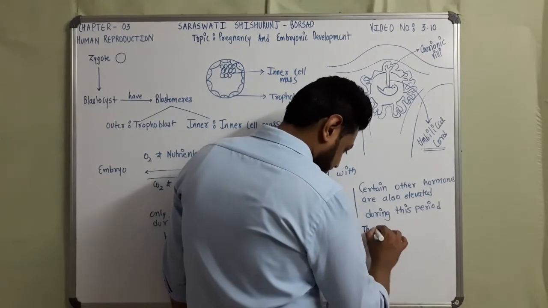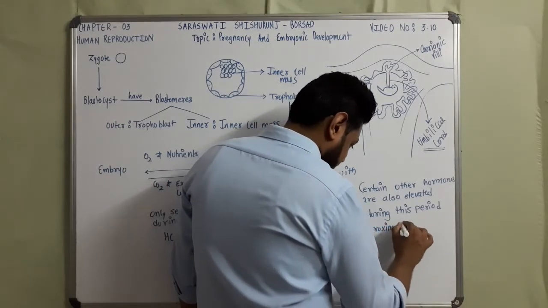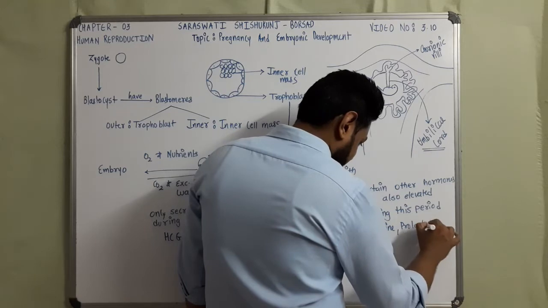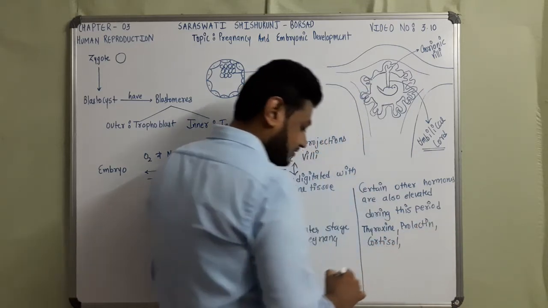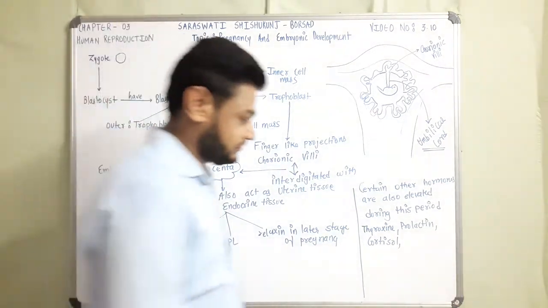Thyroxine, prolactin, cortisol, and with it estrogen and progesterone.